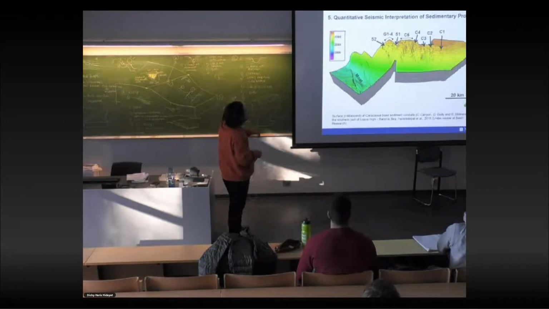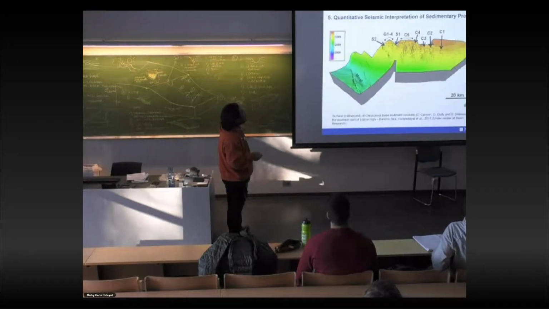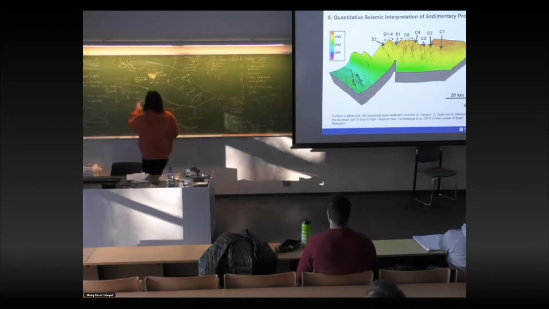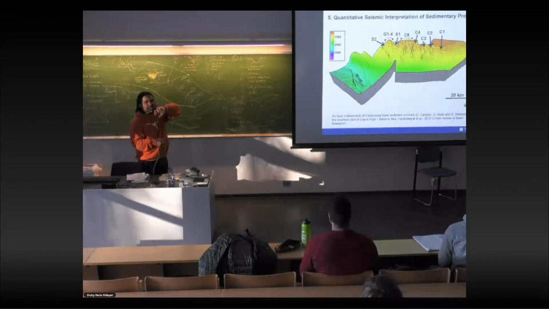Okay, next is about the quantitative. Before was the process qualitatively, and now it is quantitatively. How do we know the sedimentary process by making a quantification of it? So we use this method, the morphometric analysis, to quantify the sedimentary process.